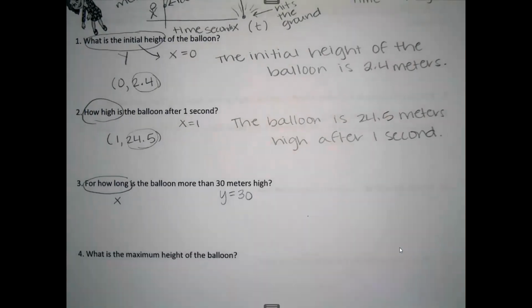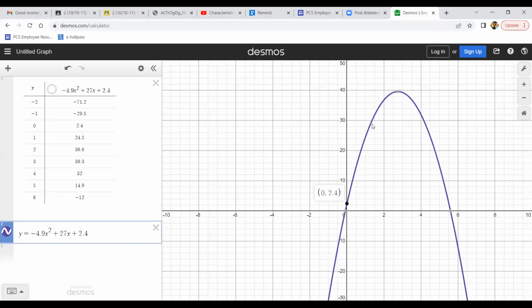Now this one is a little different because we don't have anything on Desmos right now that can help us with this. So if we want to figure out what the X value is when the Y value is 30, we can kind of see it, right? But it's really hard with your cursor. You guys see how hard it would be to get to 30 exactly?